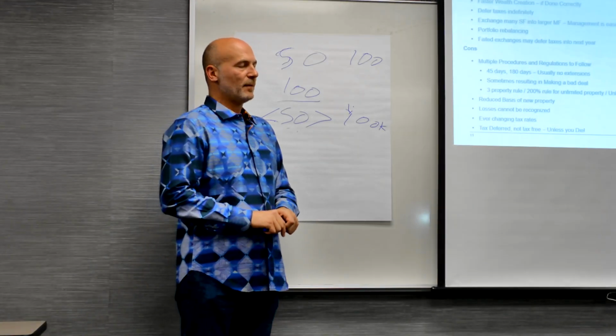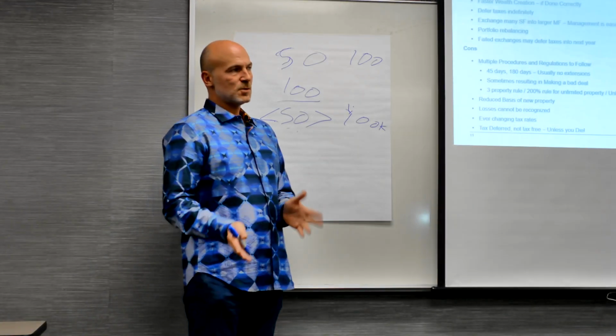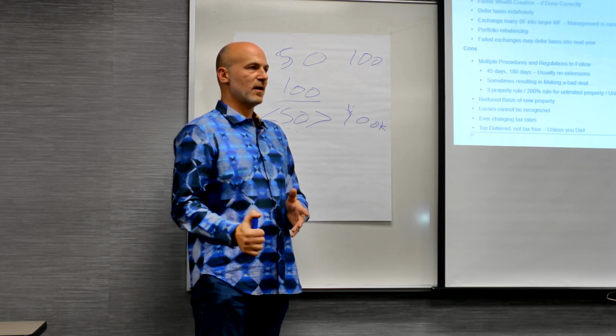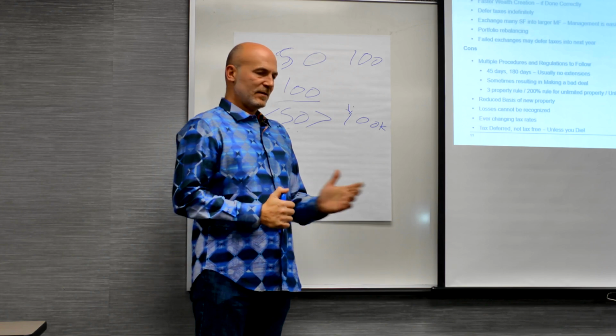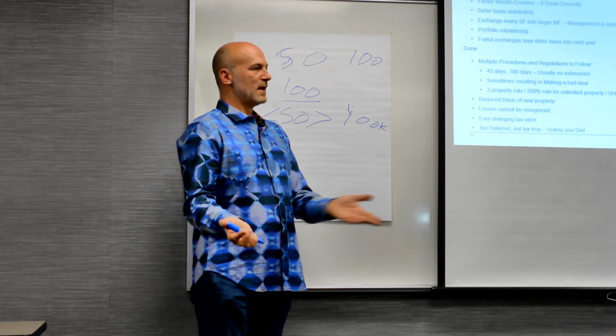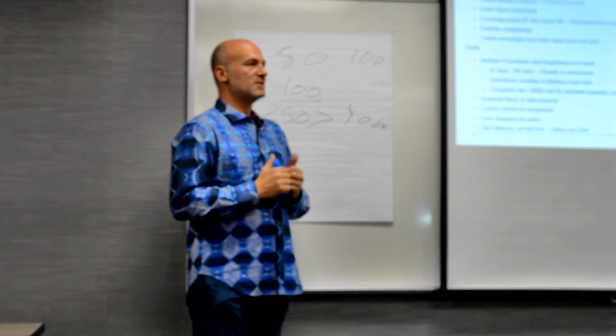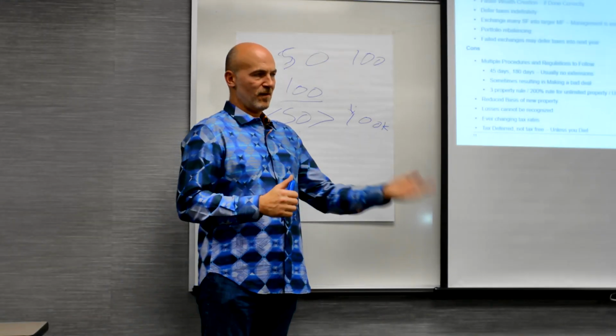So a lot of times what I see in smaller transactions, I buy a house for $20,000 in Detroit, I refinance it for 40, let's say, and put 40 in my pocket. Now I'm negative 20. They sell it for 50.